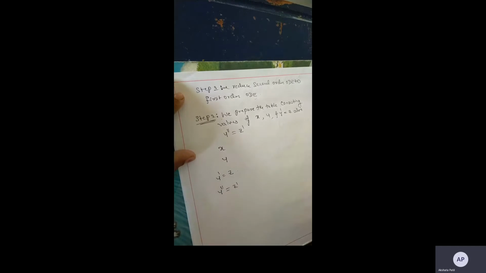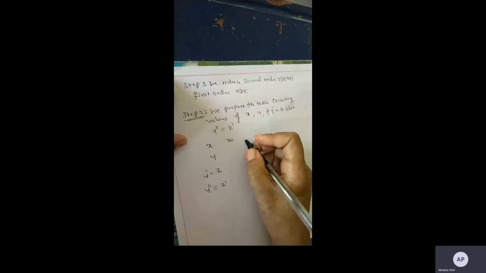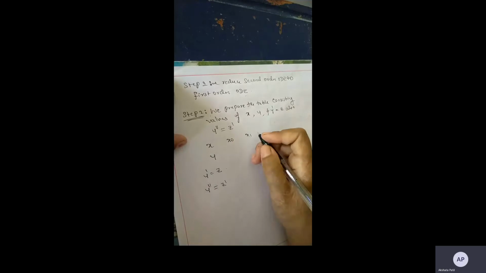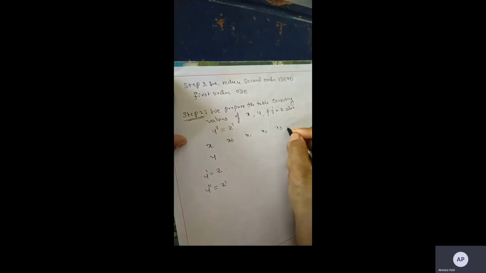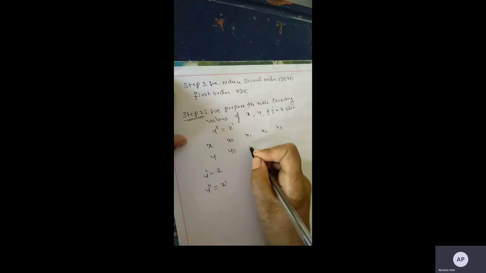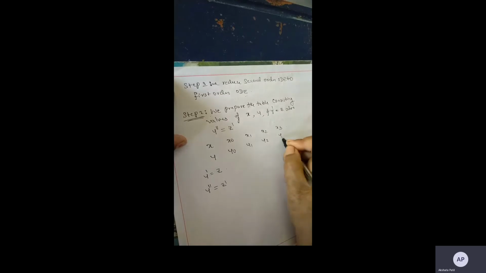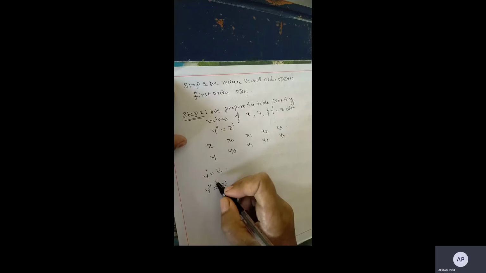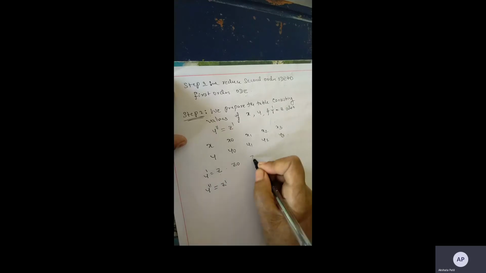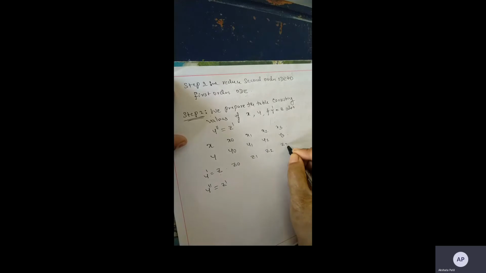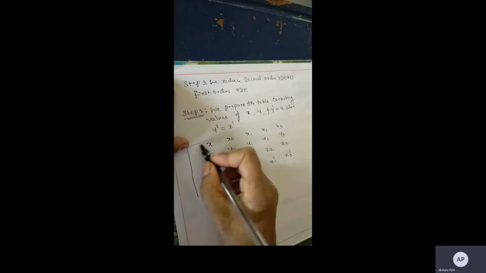The data points are x0, x1, x2, x3 with corresponding y0, y1, y2, y3, and z0, z1, z2, z3. Y double dash is z0 dash, z1 dash, z2 dash and z3 dash.